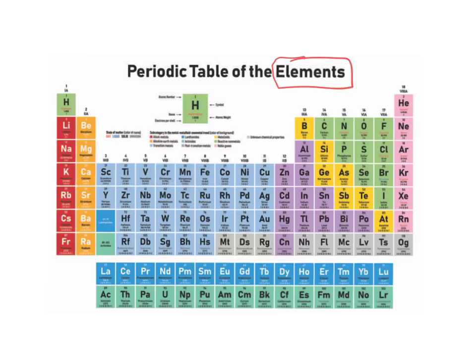In this video, we're going to look at drawing representations of the first 10 elements, namely hydrogen, helium, lithium, beryllium, boron, carbon, nitrogen, oxygen, fluorine, and neon.